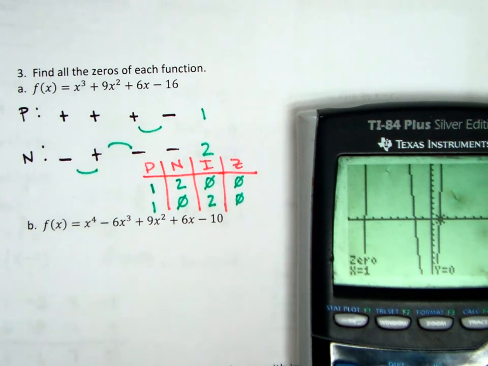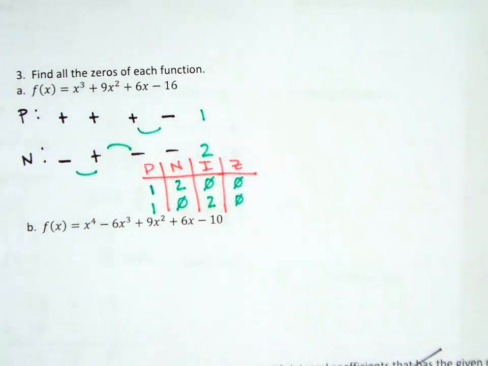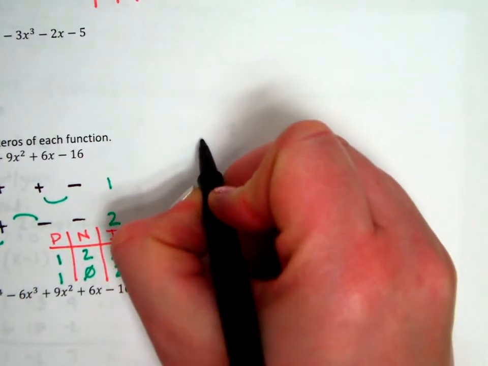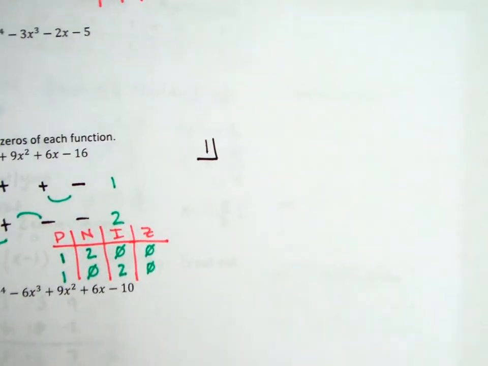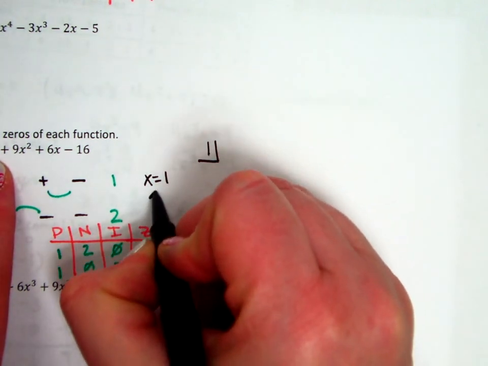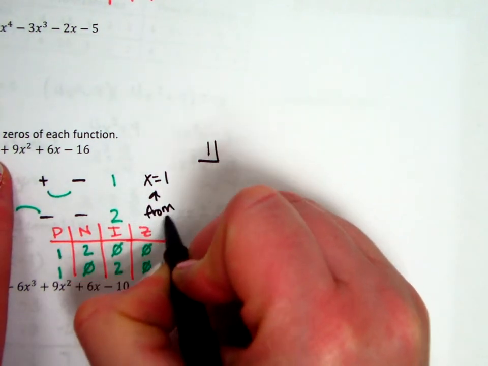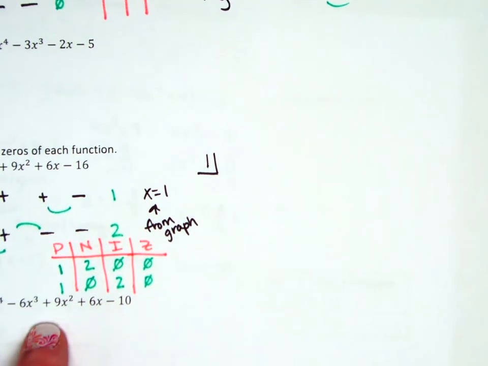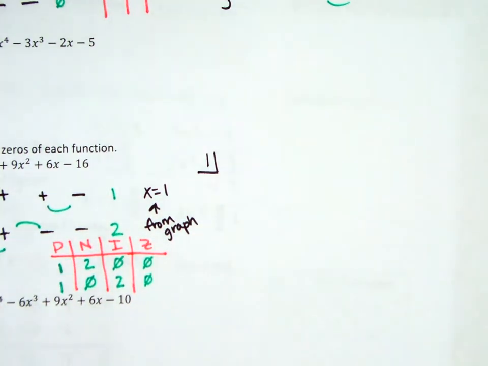So now that I know my answer is 1, I don't have any sign changes or any error messages that I have to do, which makes it nice. I do synthetic division. So 1 is an answer, x equals 1, from graph, which is what you're going to have to do on these two questions here to find all the zeros, unless you can factor it. If you can factor it, it's great, but if not, then you use your calculator to get one.